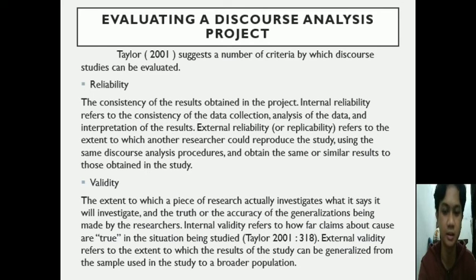External reliability or replicability refers to the extent to which another researcher could reproduce the study using the same discourse analysis procedures and obtain the same or similar results to those obtained in the study.